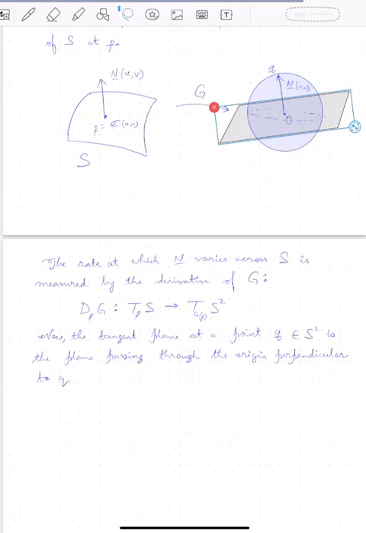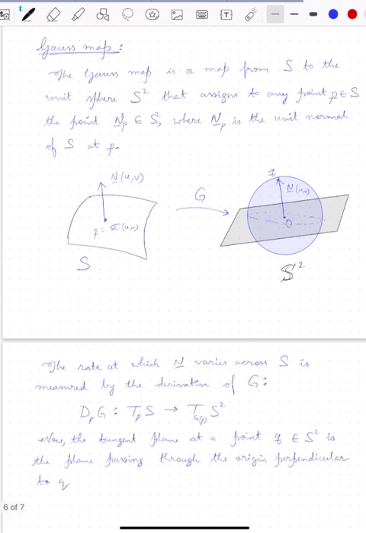It looks like this n vector is perpendicular. So this plane will always pass through the origin in S2. So this is S2. And to distinguish, let's have script S2.